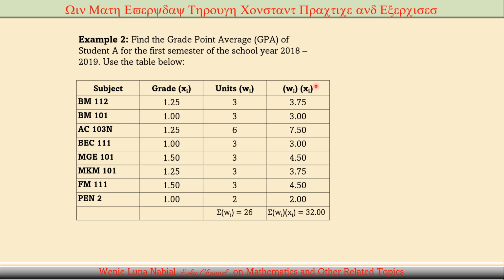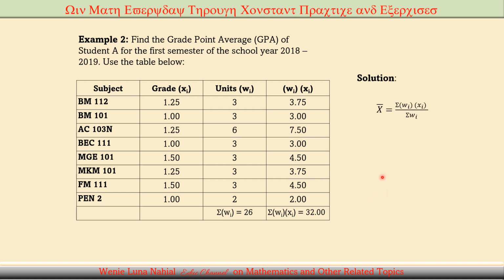Then in the fourth column we have the product of the ratings and the units earned. Then we take the sum, which is equal to 32.